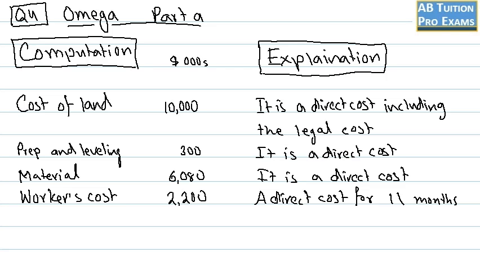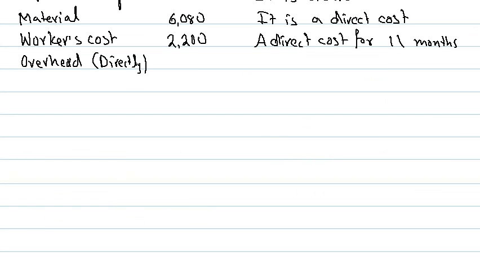And then we have overhead, which is directly attributable. It is also a direct cost. For 11 months.